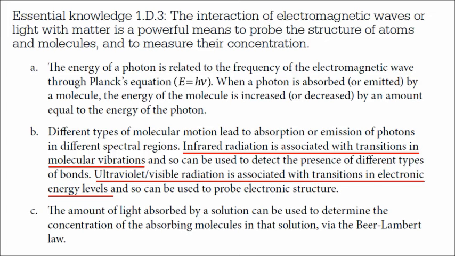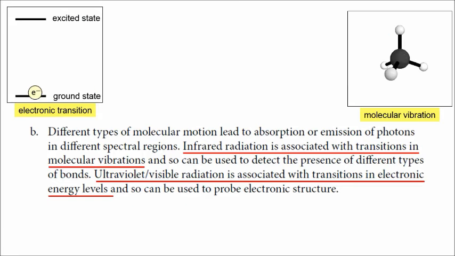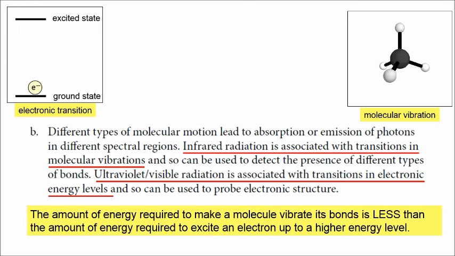So what I can infer from this is that there are two different types of radiation. The one that has higher energy would be the ultraviolet or the visible. The one that has lower energy is infrared. So if that's true, then molecular vibration requires less energy. Electronic transition requires more energy.